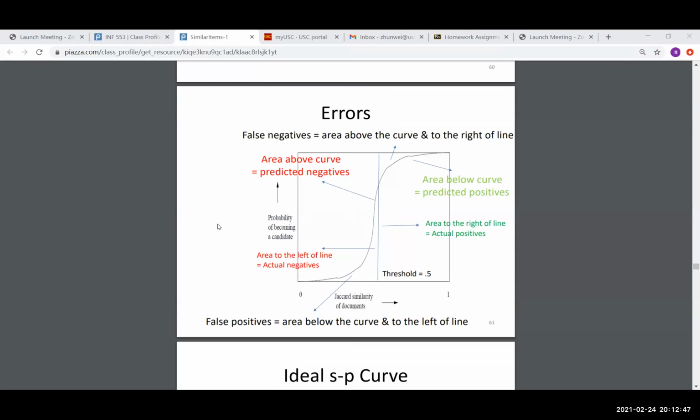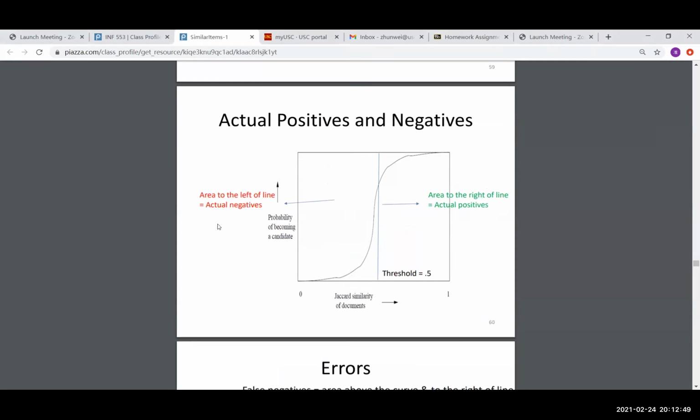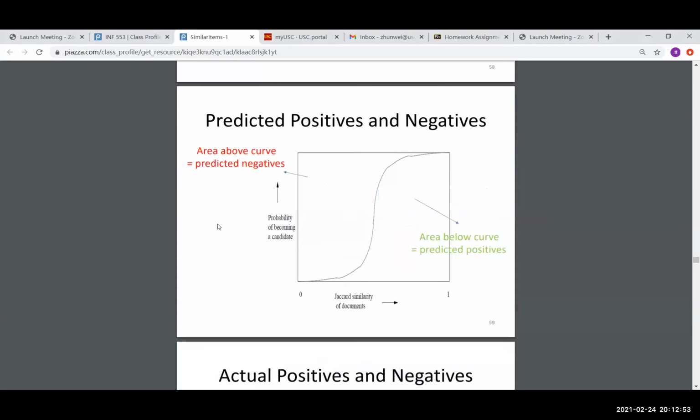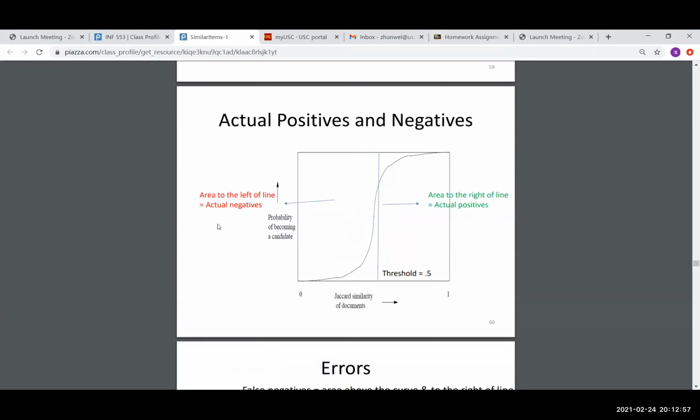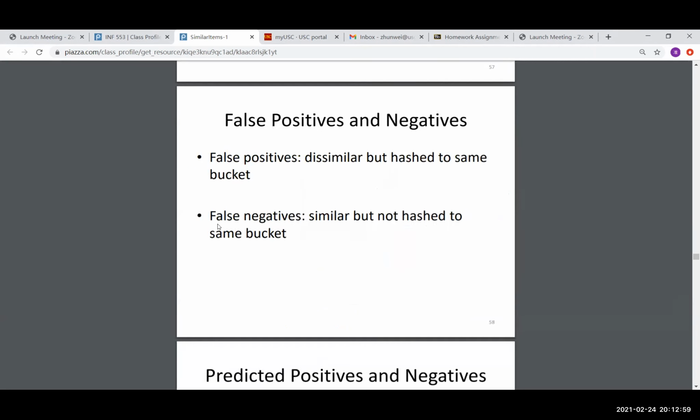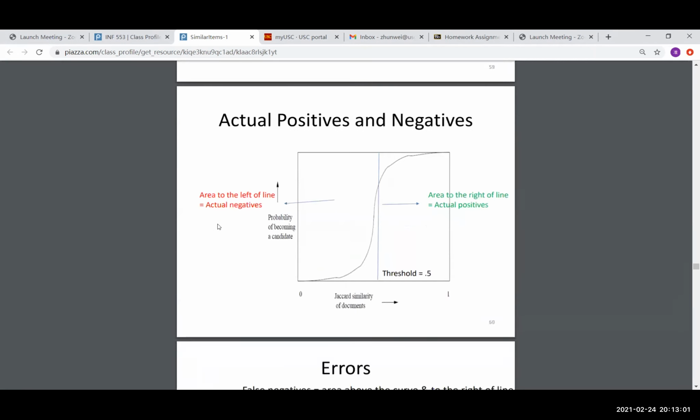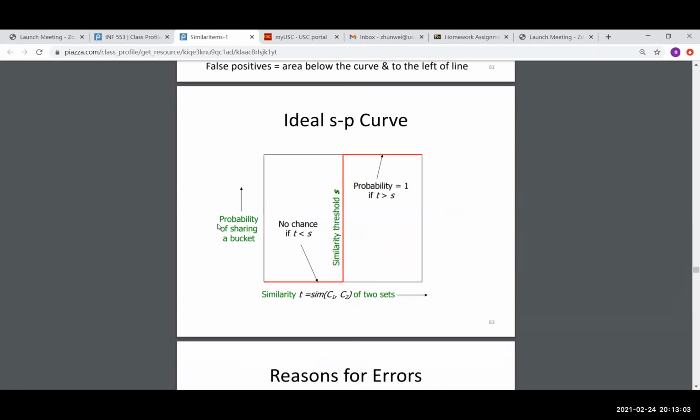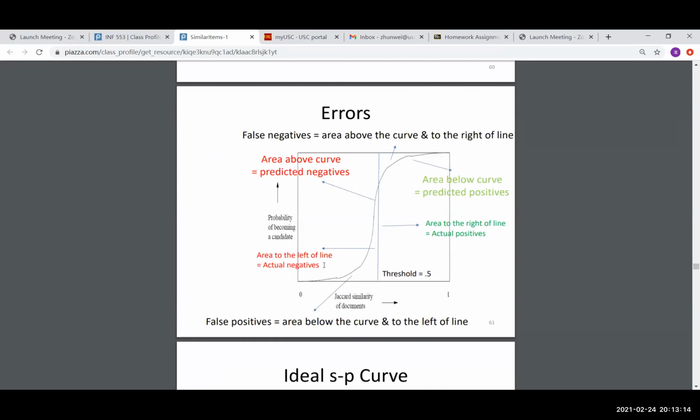Oh, yeah, actually I forgot. Let me see. Yeah, so the ideal S-P curve is just like this, and why will it be a curve like this?